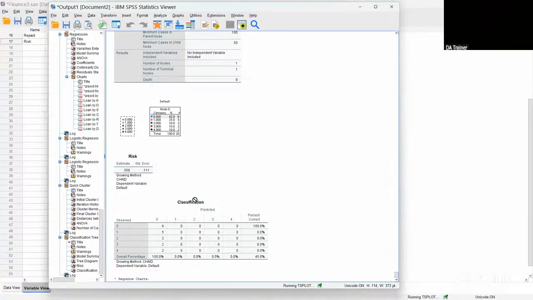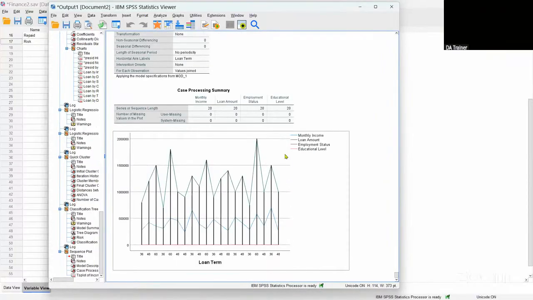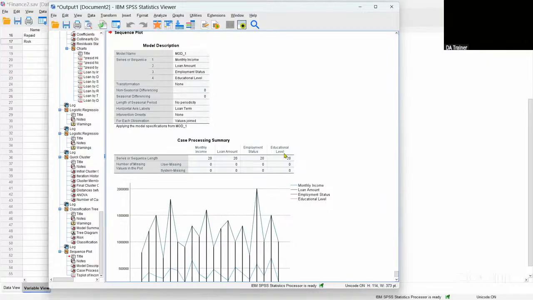Let's go. Okay, so this is just time series. It's trying to show us some information regarding the time, which we would have if we had dates.